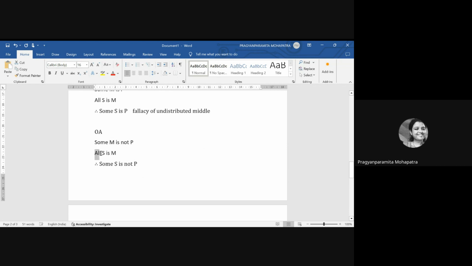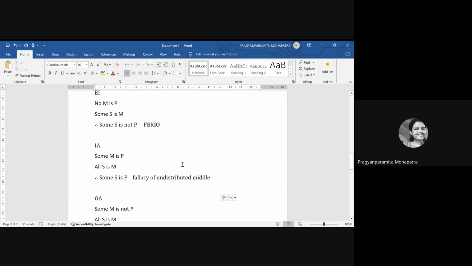Here also in the A proposition, the middle term is in the predicate, but an A proposition distributes the subject. So the middle term remains undistributed. The same fallacy is here. Fallacy of undistributed middle. Clear?